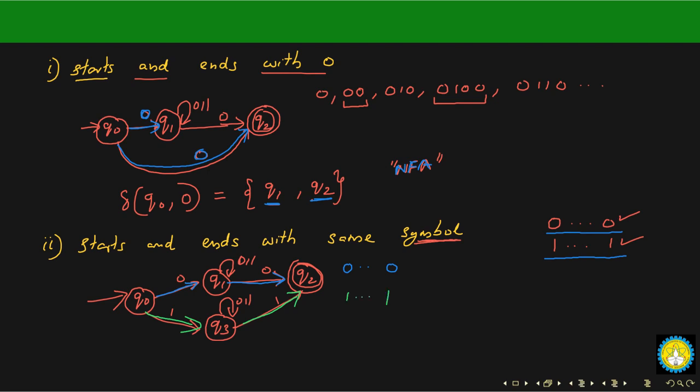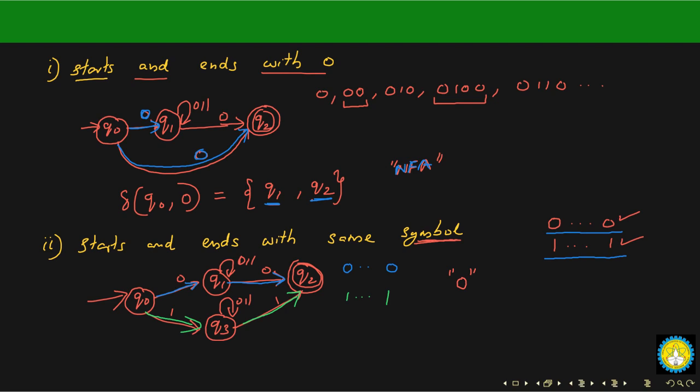Again, another very important thing that we should not forget here is that if your string has just 1 zero, this is also considered as starting and ending with the same symbol. We don't have two symbols here. We have only one symbol, and it starts and ends with the same symbol.